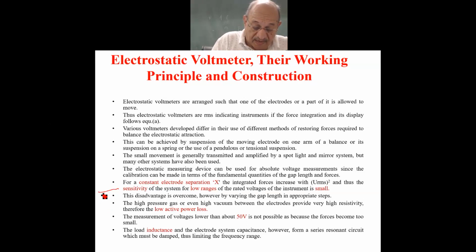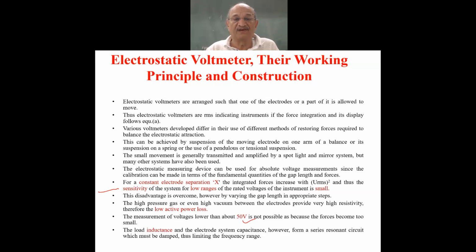Below here are the disadvantages. The measurement of voltages lower than 50 volts is not possible here because the force becomes too small to cause a rotation in the floating mechanism, that is, the mirror would not rotate.